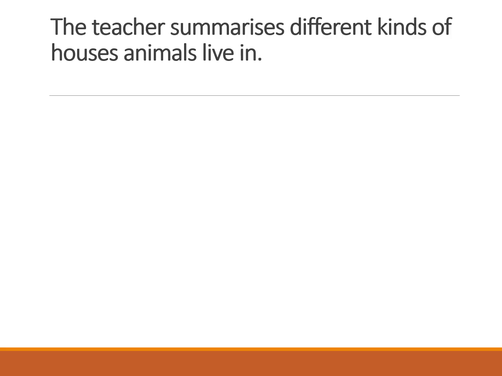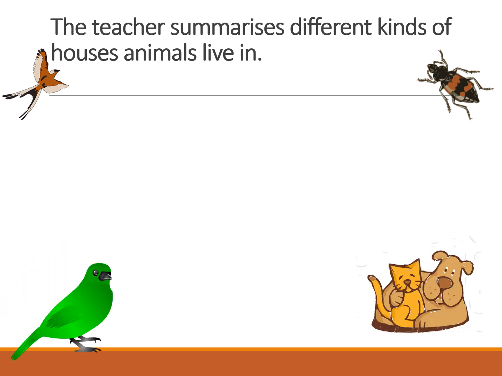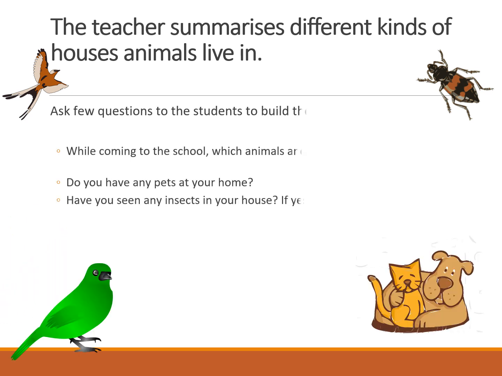After the teacher summarizes different kinds of houses animals live in, ask a few questions to the students to build the context of the topic. Here are some questions for that. While coming to the school, which animals and birds or insects do you see around?